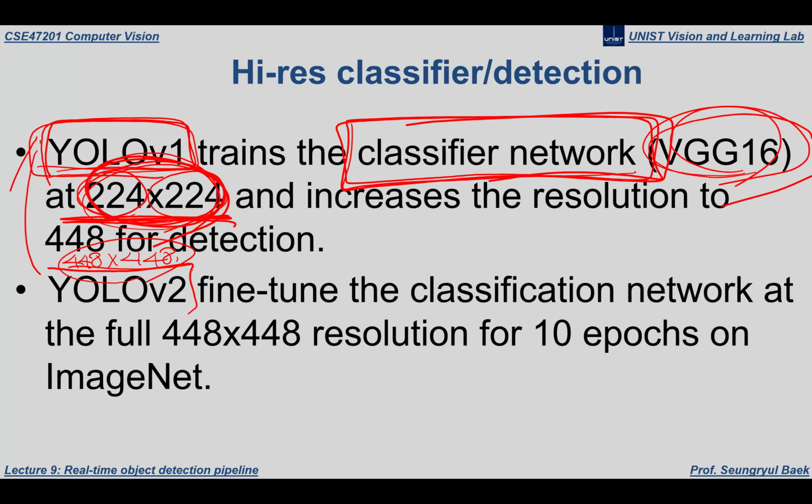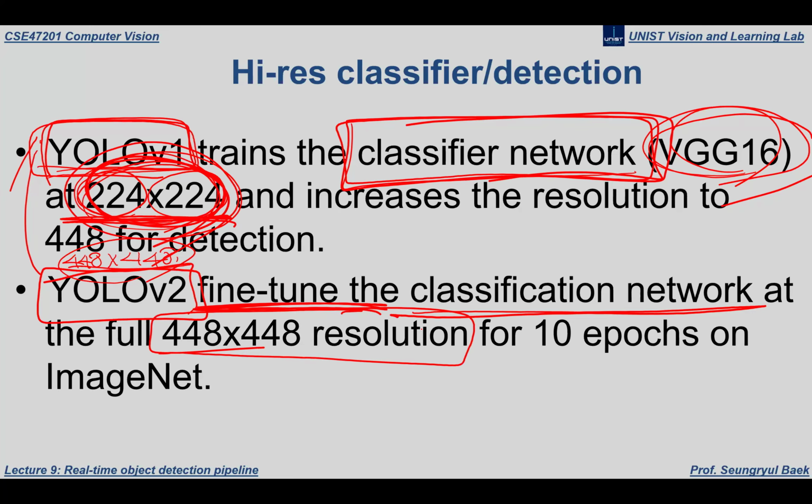So in YOLO version 2, their idea is to fine-tune the original classification network, which was originally trained for the smaller image size, to these higher resolution images for 10 epochs.